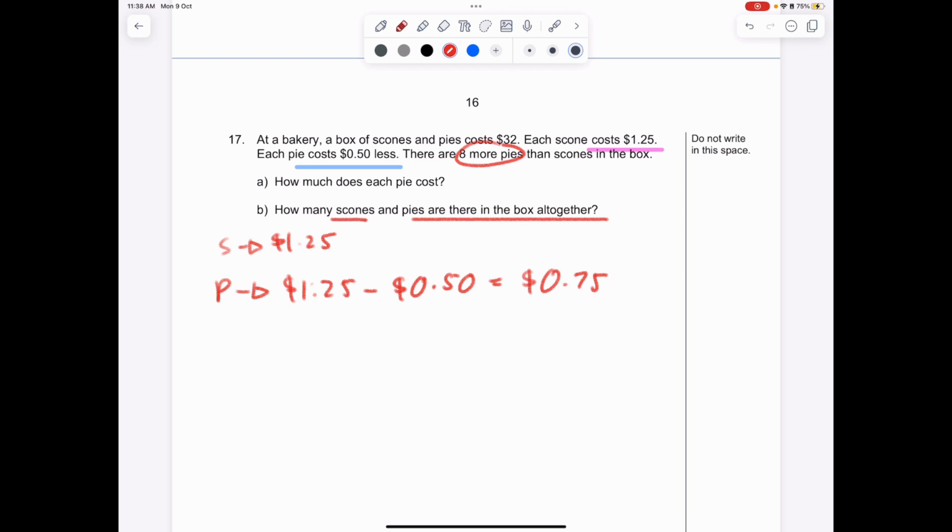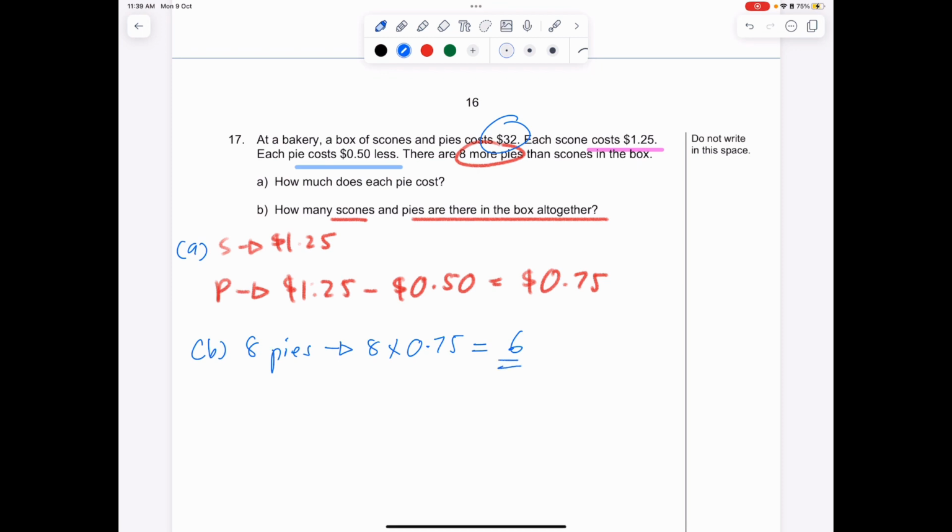Because of these 8 more pies, what is the cost of it? So this is A and this is B, so 8 pies would be 8 times 0.75. Answer is $6, correct?